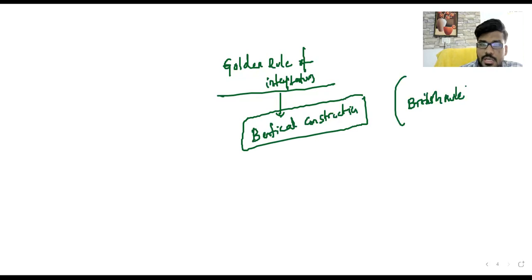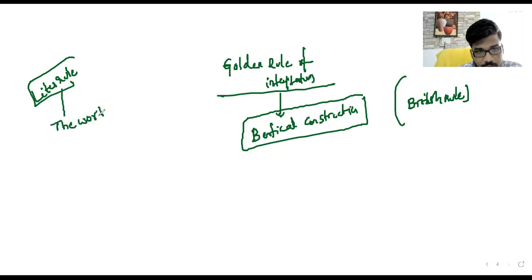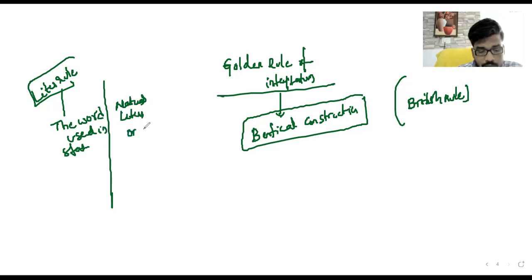You know about the literal interpretation, the literal rule. What does the literal rule clearly say? The words used in the enactment, in law, in statute, can be interpreted as per natural meaning, literal meaning, or ordinary meaning.